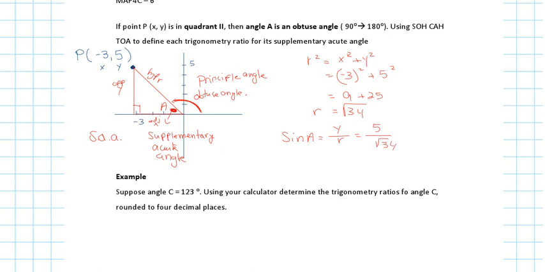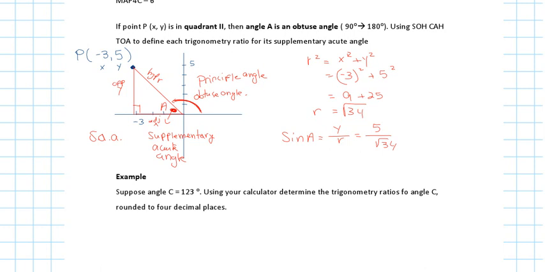Positive? Are you surprised that sine is positive in this quadrant? Is that what we learned yesterday? Yes. Sine is positive for both acute and obtuse. The other two are negative. Let's see if that's going to turn out.